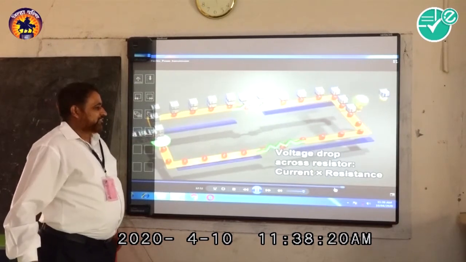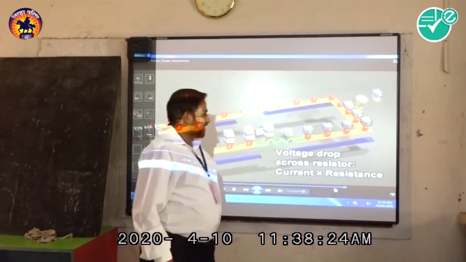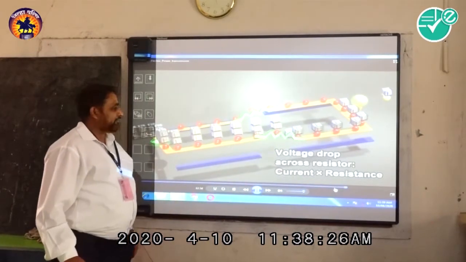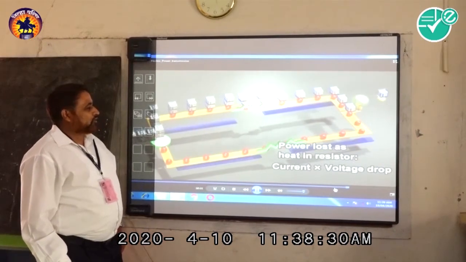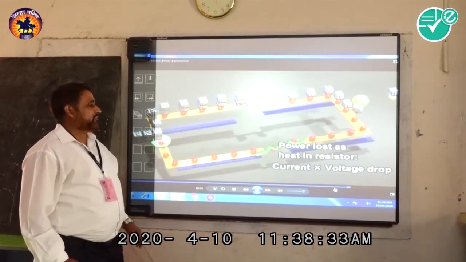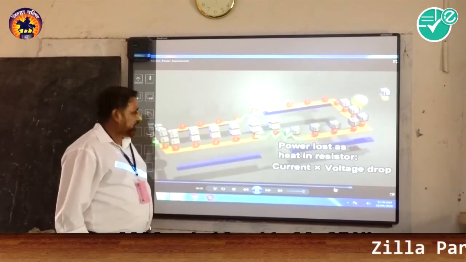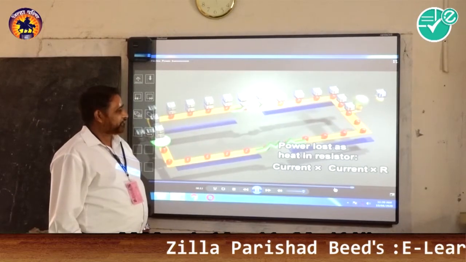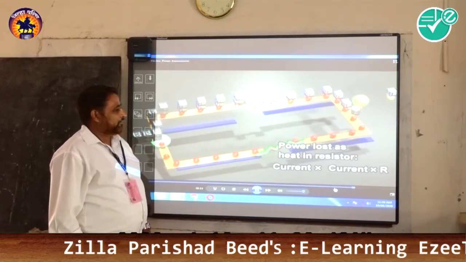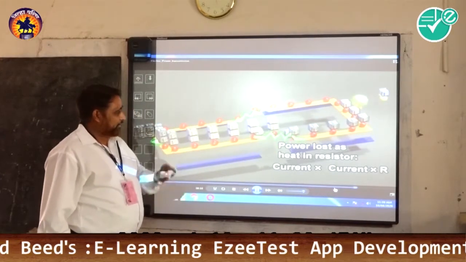Voltage drop across the resistance is nothing but the product of current and resistance. So power lost as heat in the resistor is also current times voltage drop, that is the power loss. And finally you can see here, due to heat the power loss takes place, that is shown here.